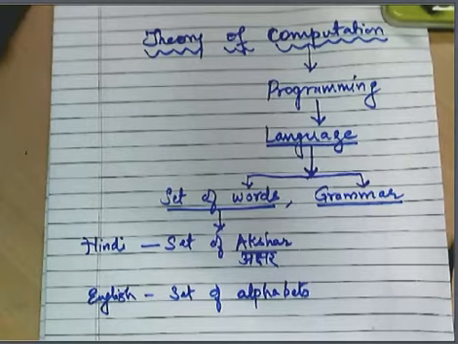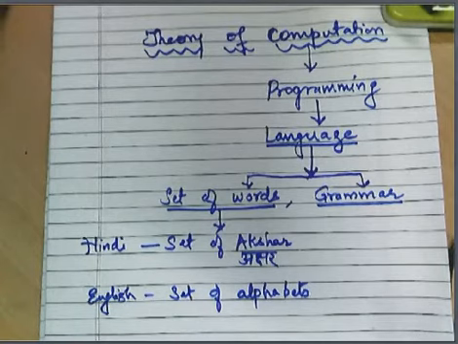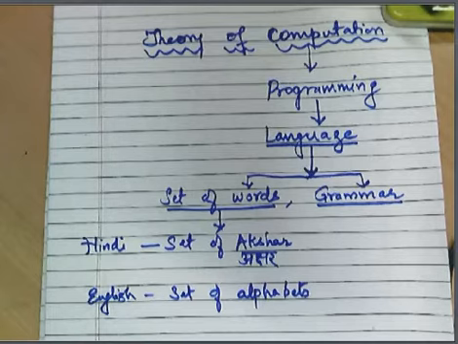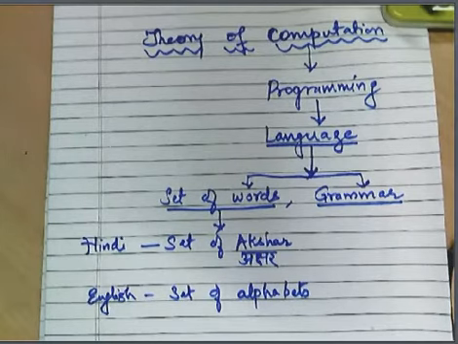Now, recognizing a language: if we give any input to a machine, suppose I give one sentence in Hindi, and I have one machine which will recognize whether this sentence is valid or not. So I need a Hindi sentence recognizer, which will take all these shabda or words, and one by one it will check whether they are valid words, and next it will check whether those words are properly organized so that they form a meaningful sentence, right?